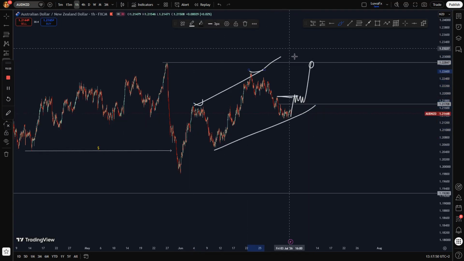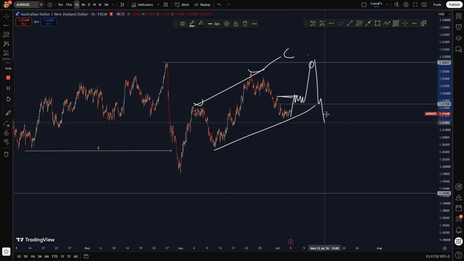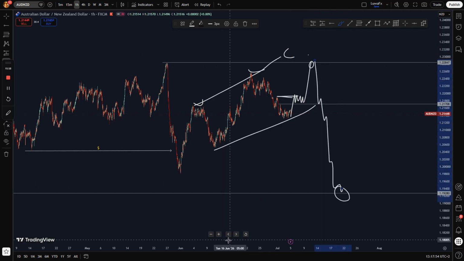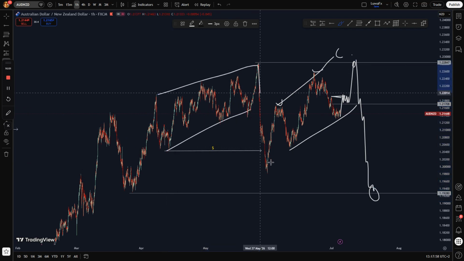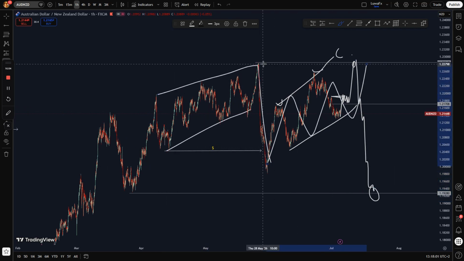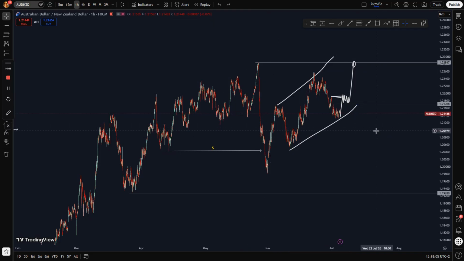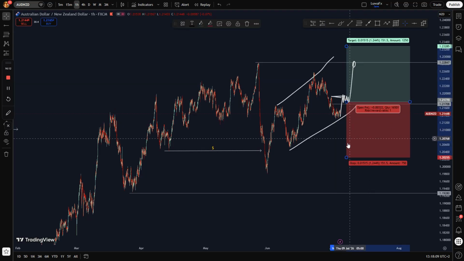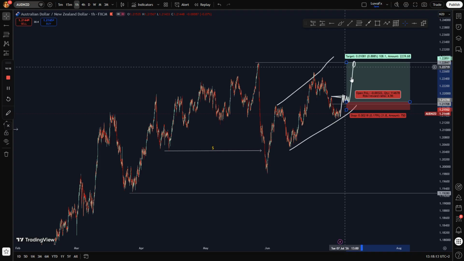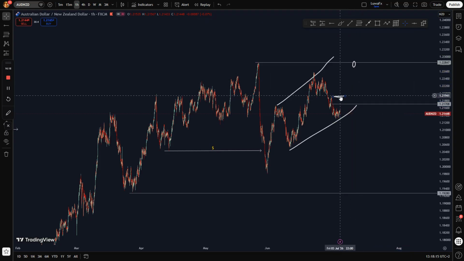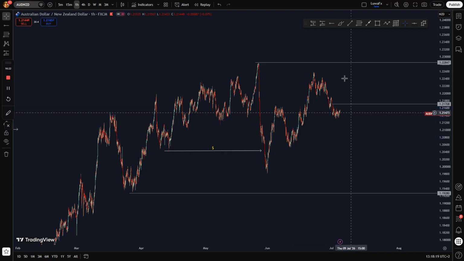Now we have the three touch, the reversal, for then that bigger play towards the downside, because we can clearly see this was the push and the market just came back down. Is it forming like an M style formation? Possibly, but like I said, if it does this, I am willing to take longs inside this into this area over there. So that's just my take on AUD NZD. Not the cleanest of pairs right now.